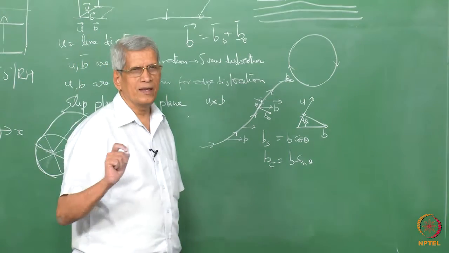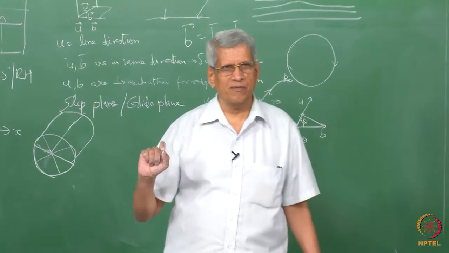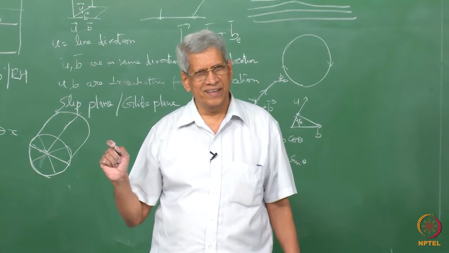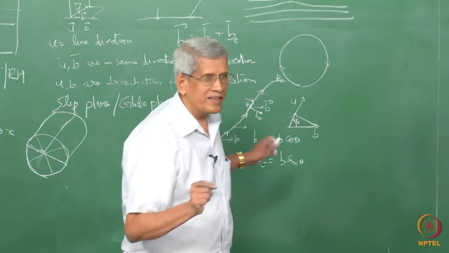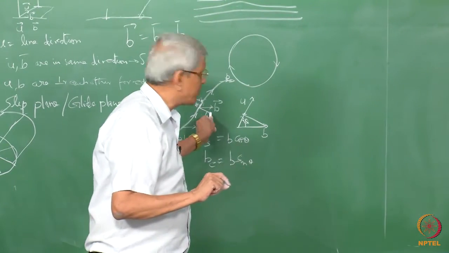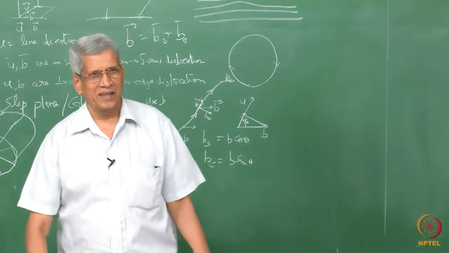It's essentially, if U is a unit translation vector, it is B sin theta, correct? That will be nothing but a vector which is perpendicular to it, correct?